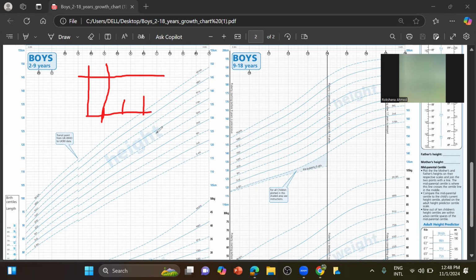Now the next thing is: what is mid-parental height?